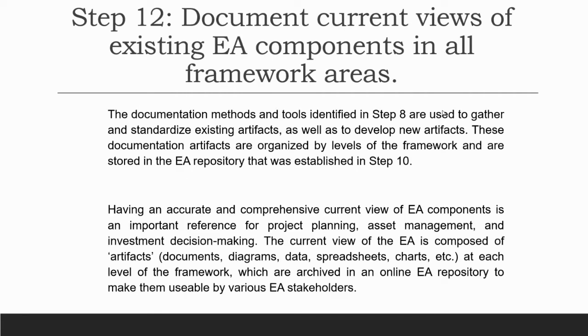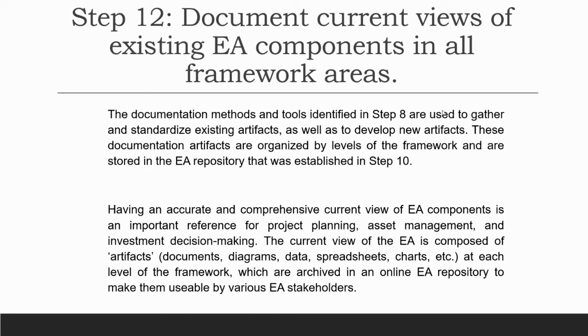Let's proceed to step 12. Step 12 is to document current views of existing EA components in all framework areas. These documents are organized by levels of the framework and stored in the repository that was established in step 10.